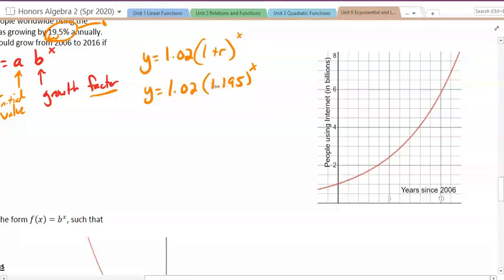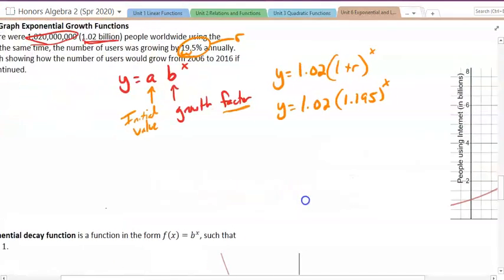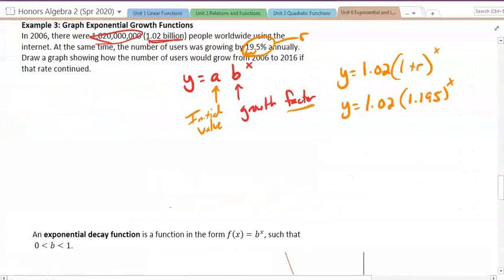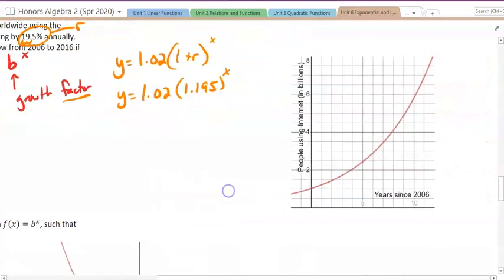Now, let's pay attention to what values we have here. We could be asked a whole bunch of things for this graph. It's going to start here, that's a 0, and it's actually going to end right here. Do I need this piece? No, this piece doesn't make any sense. Because if 10 is 2016, so this is 2017, 2018, in 2018, do we have 8 billion people on the earth?